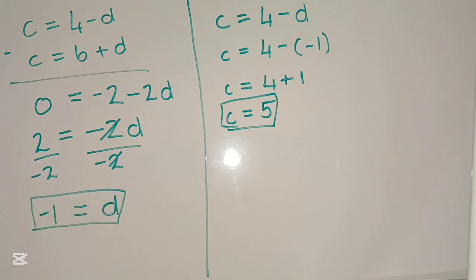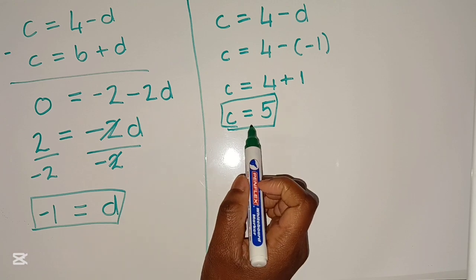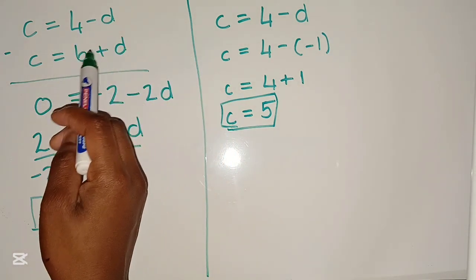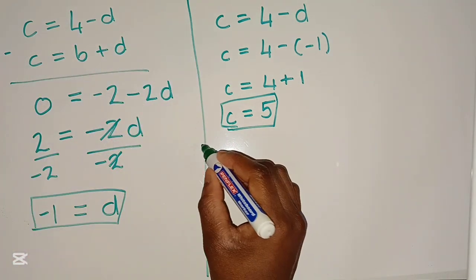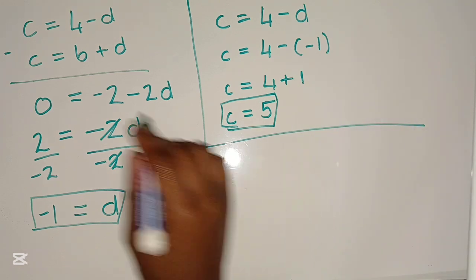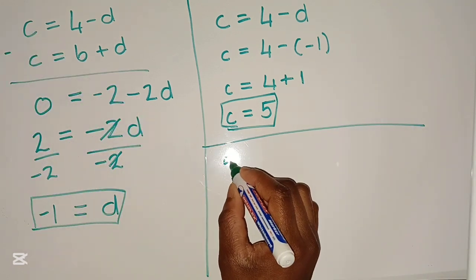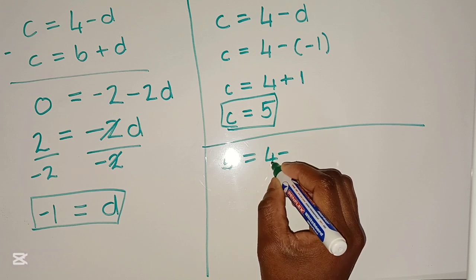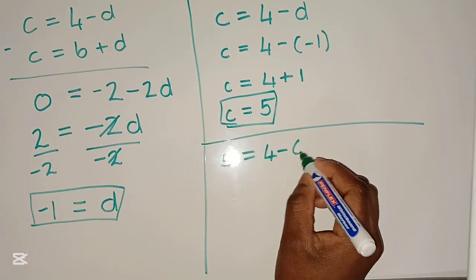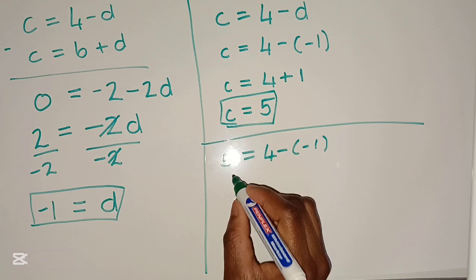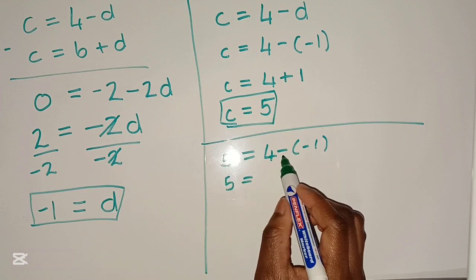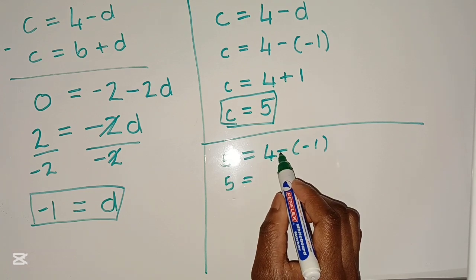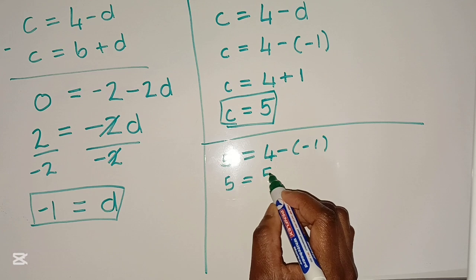But to be sure, substitute the value of D and C in this equation. Let's see. C is 5, right? 4 minus the value for D, minus 1. 5 equals 4 plus 1 is 5.